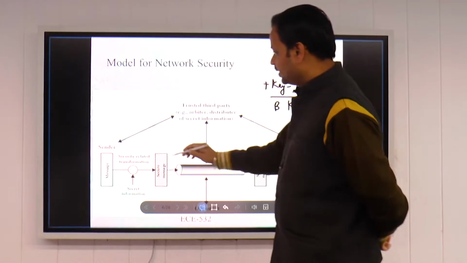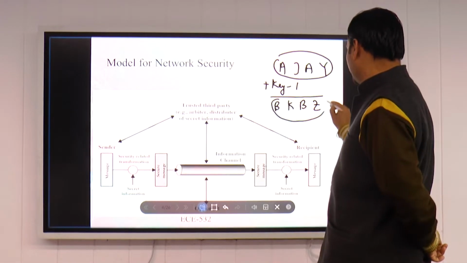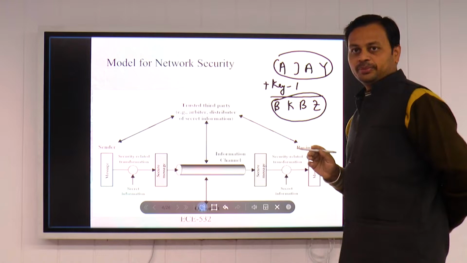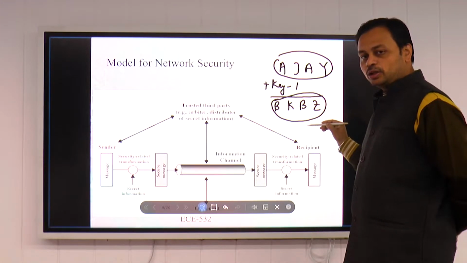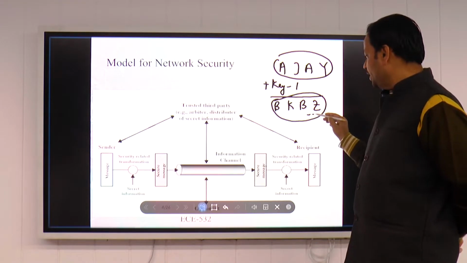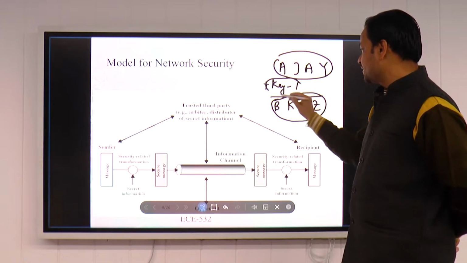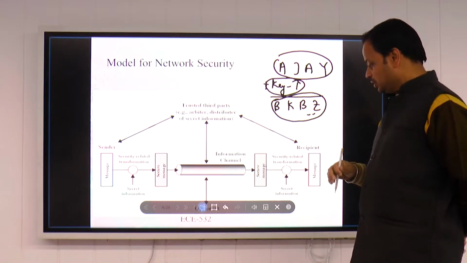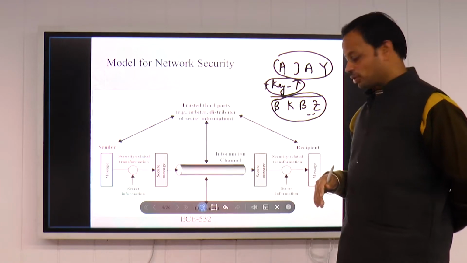Now this is the information which the sender wants to transmit, and this is the secure message we transmit over the channel. So the information is converted into a secure message. So it is unreadable. Any hacker will not be able to understand the real information unless he has the key. So this is the basic mechanism which we are going to study for network security.